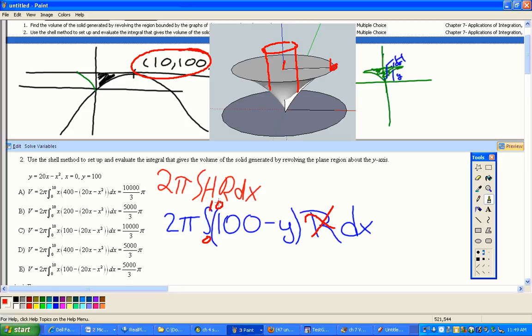Now, looking up here, can you see that we've got to not have the letter y in here? So looking around, the equation that I want to replace it with is the one where y equals the curve.